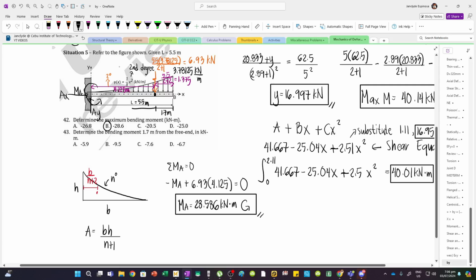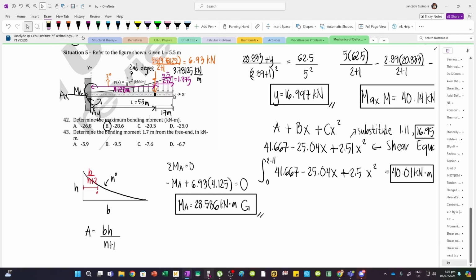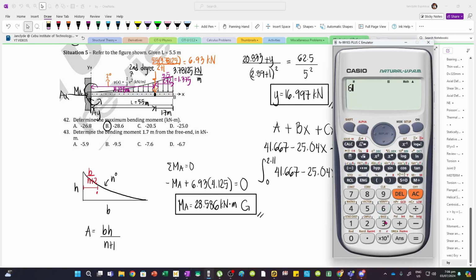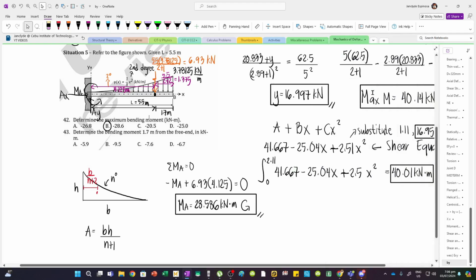So this is 5.5 minus 1.7, so we have here 3.8. By the way, AY is just going to be 6.93 kN.